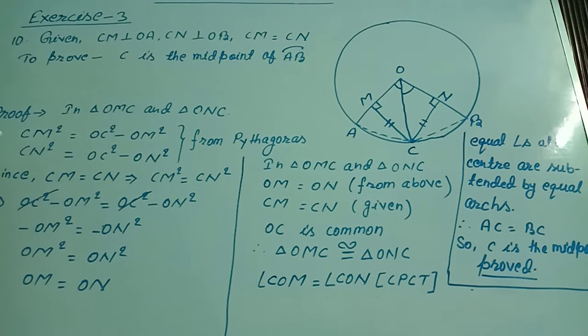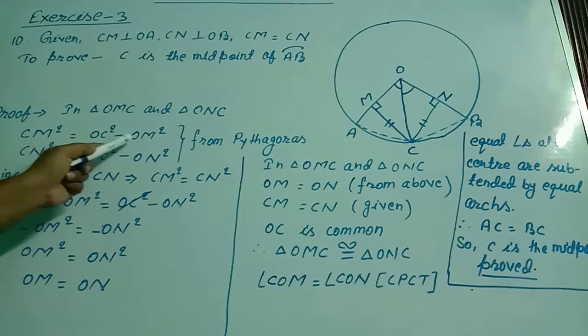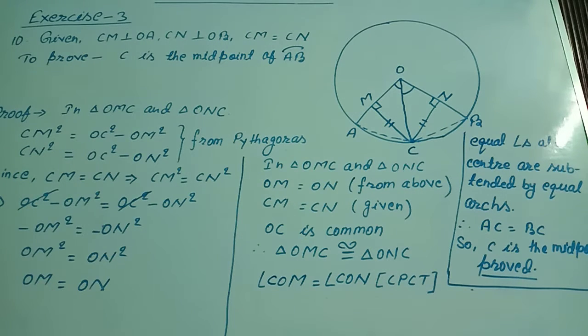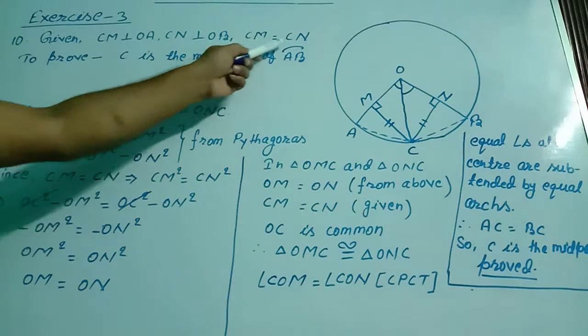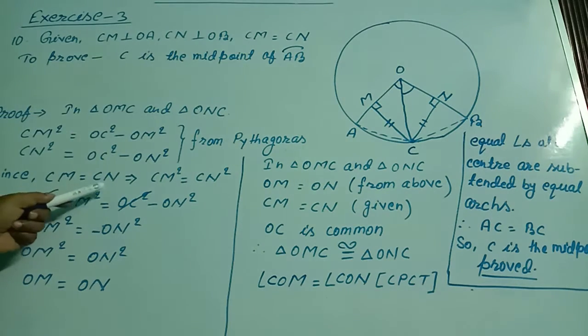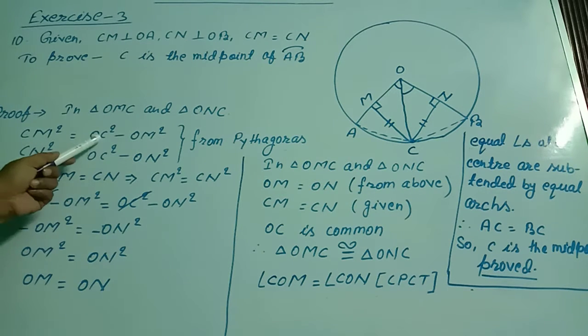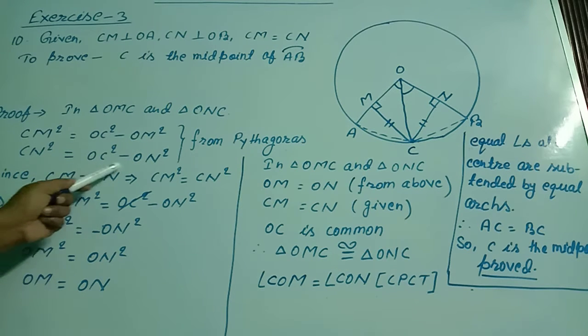For that I have used Pythagoras theorem to say CM square equal to OC square minus OM square and CN square equal to OC square minus ON square. In the question it is given CM equal to CN, therefore CM square will also be equal to CN square, implies that OC square minus OM square will also be equal to OC square minus ON square.